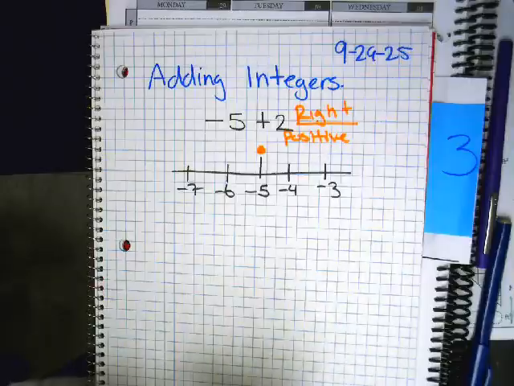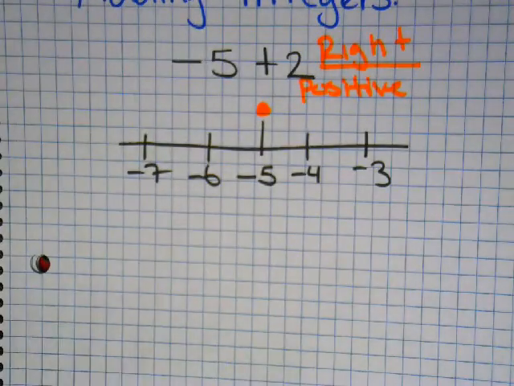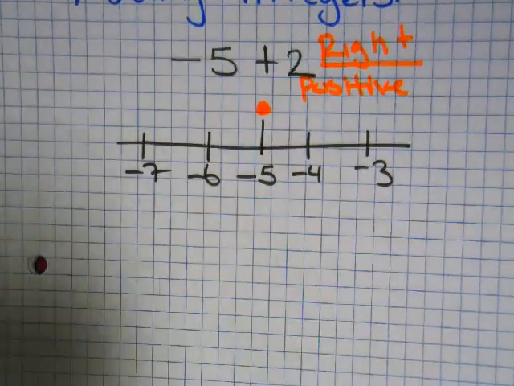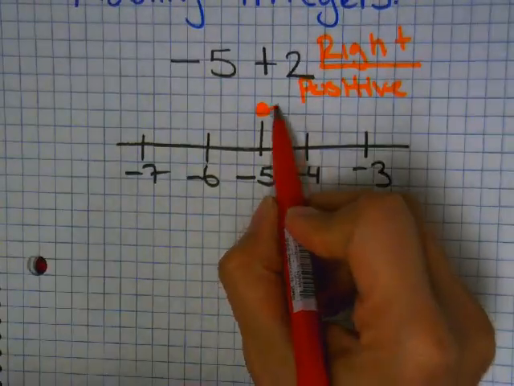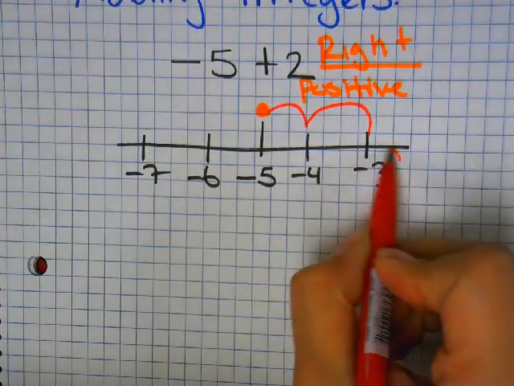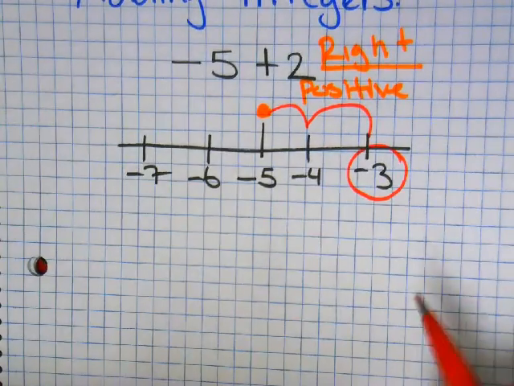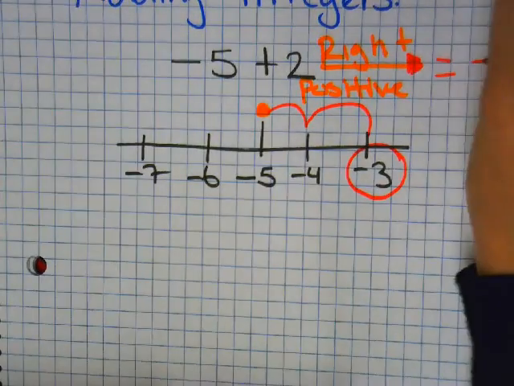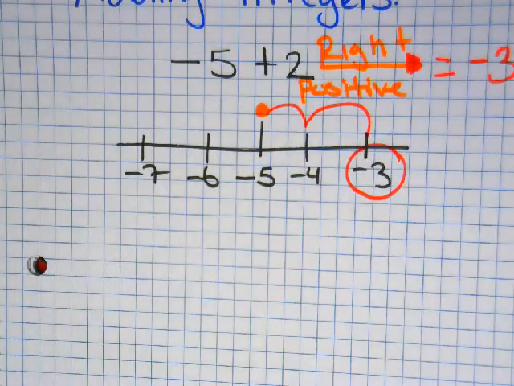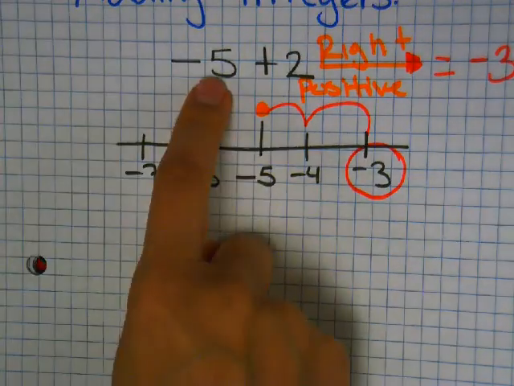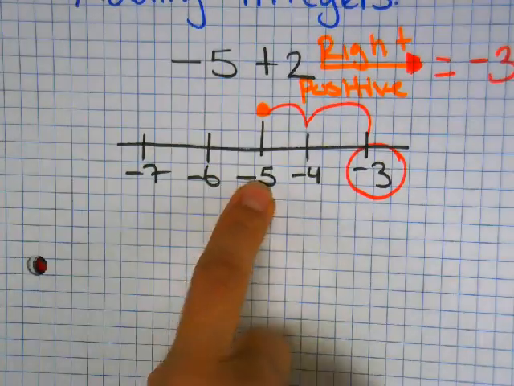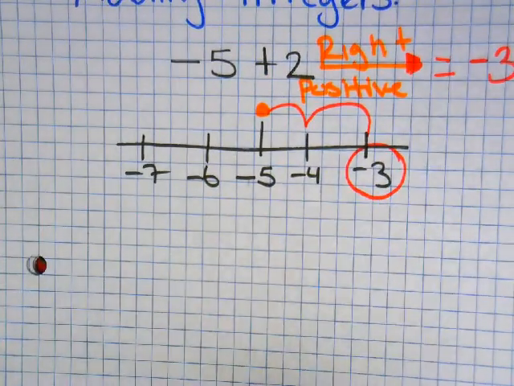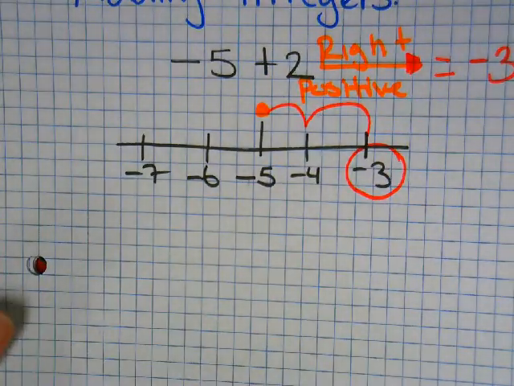So I go 2 hops to the right. 1, 2. Where am I at? -3. So that means my answer is -3. So we start at -5, then go 2 hops to the right because it's a +2, and you end up at -3. Do you remember this from 6th grade?